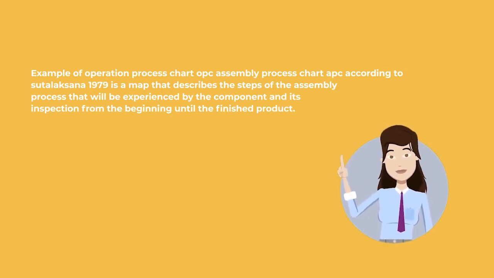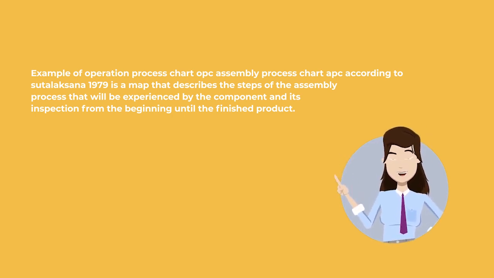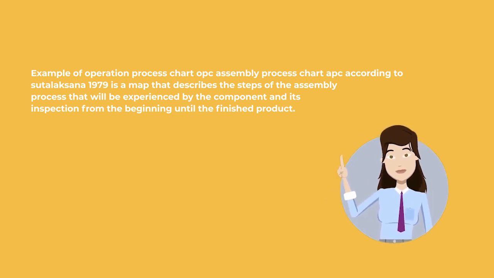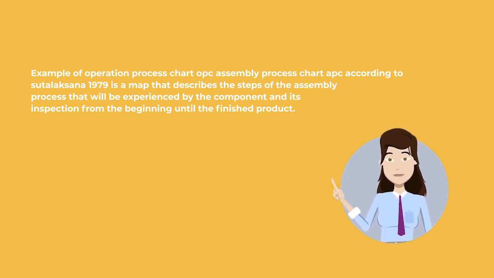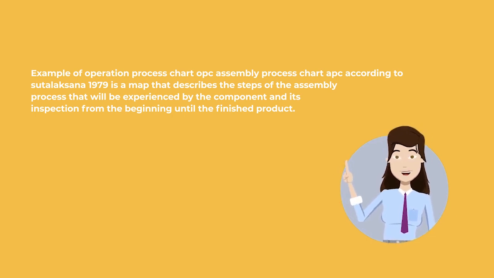Example of operation process chart: assembly process chart, according to Sutalaksana, 1979, is a map that describes the steps of the assembly process that will be experienced by the components and their inspection from the beginning until the finished product.